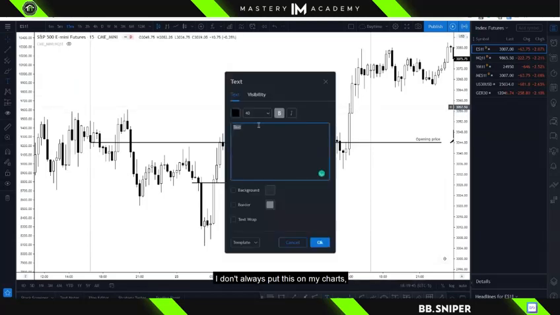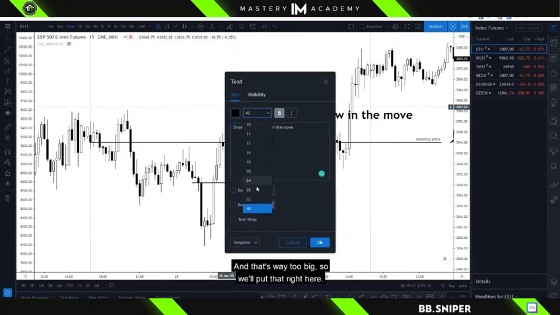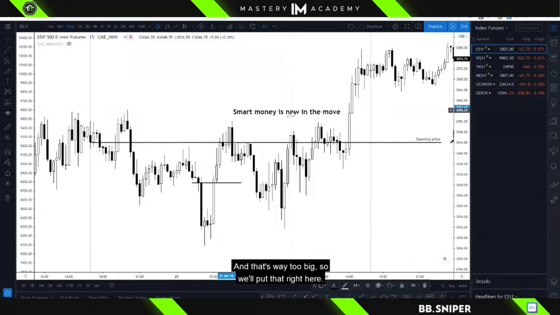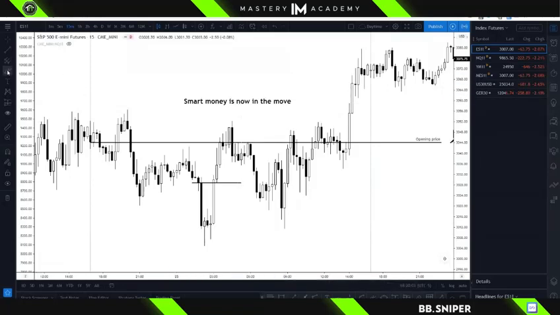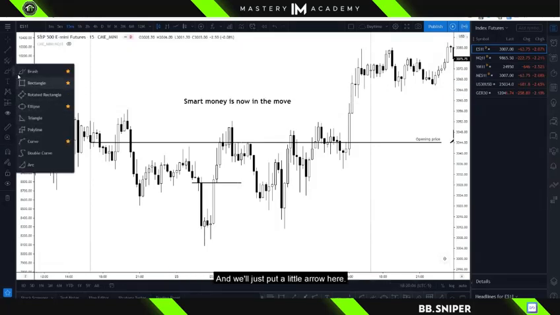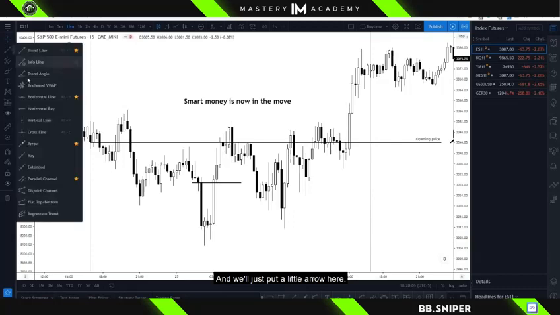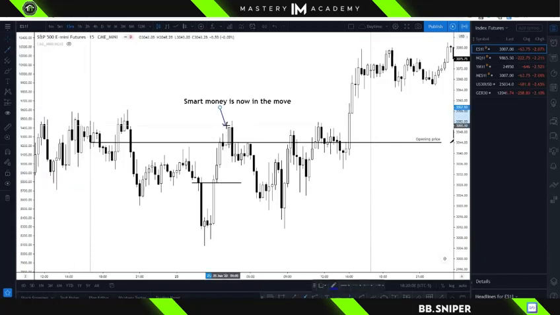I don't always put this on my charts, but I want to walk you through it. So if I'm holding your hand, I gotta hold your hand, right? So I'll just put this on here. Smart money is now in the move, and that's way too big. So we'll put that right here, and we'll just put a little arrow here. Okay, smart money is now in the move.